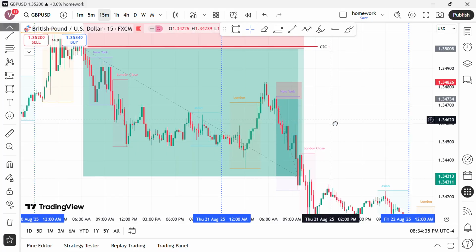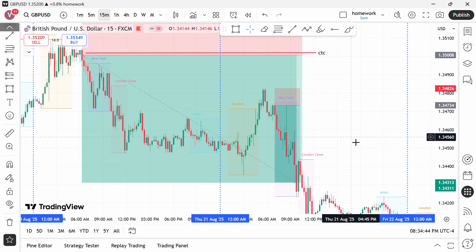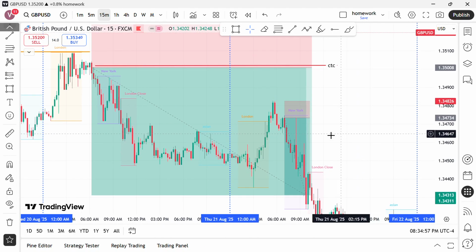Now, next day, it was Thursday. Generally, we have news during Thursdays. On Thursday, you will see that initially it takes out the sell side liquidity of the entire consolidation. Then it goes back up to a certain level.